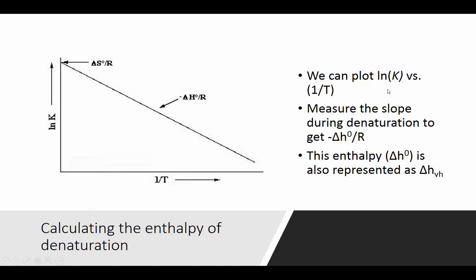We can plot the natural log of K versus 1 over T. And then we can measure that slope, and that will give us the negative delta H over R, like you can see in this illustration. And we can take that enthalpy, the delta H0, which is the Van't Hoff enthalpy. So we can calculate the enthalpy of denaturation by taking the slope using the Van't Hoff equation.